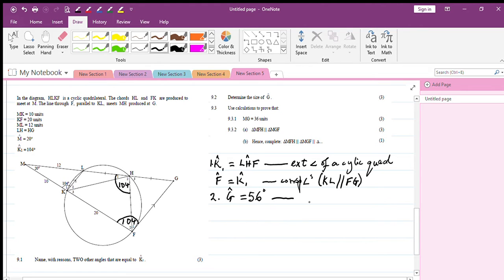The reason for that is angles in a triangle. Let's label G. G is 56.